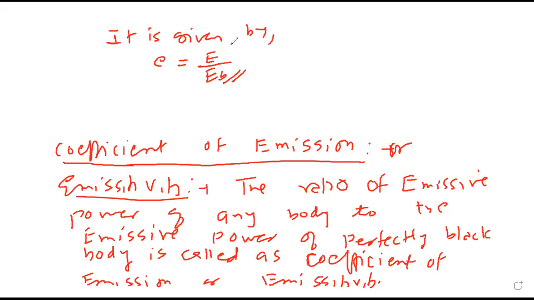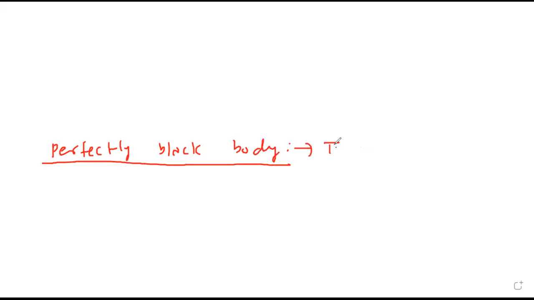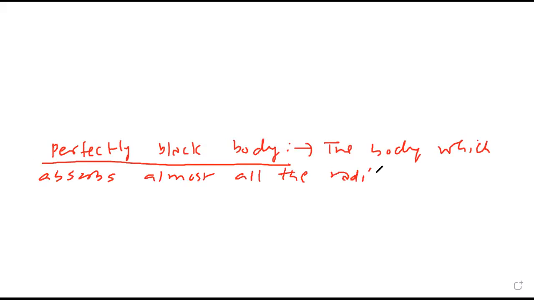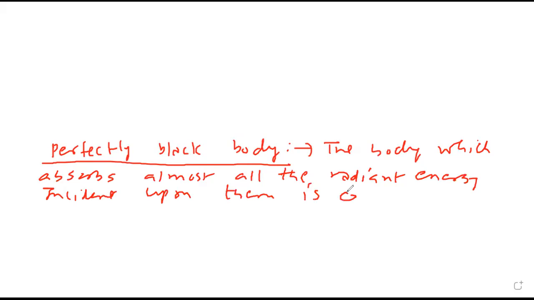Done, sir. Black body: the body which absorbs almost all the radiant energy incident upon it is called a perfectly black body.